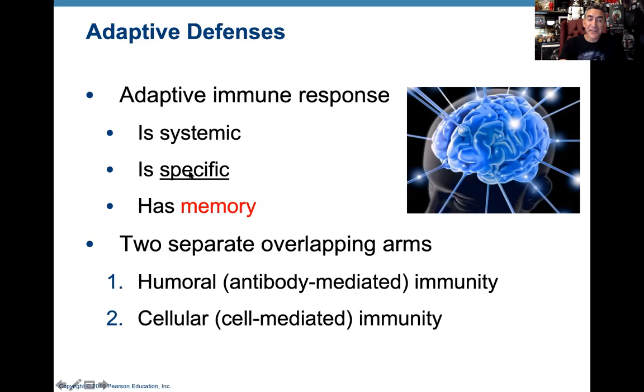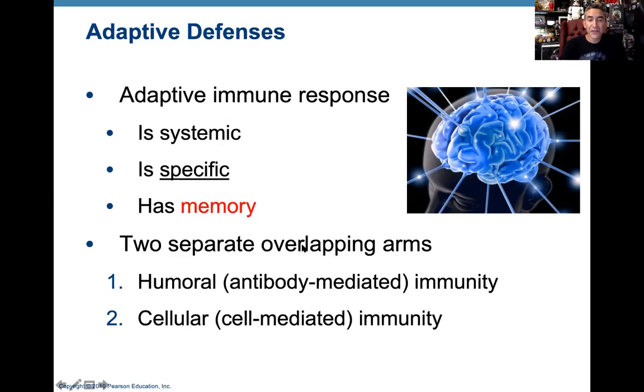It is specific and it has memory, right? So our immune cells remember, oh, I've seen this antigen maybe 20 years ago, but I've seen that before. So they're able to remember, recognize, and start an immune response against that particular antigen.